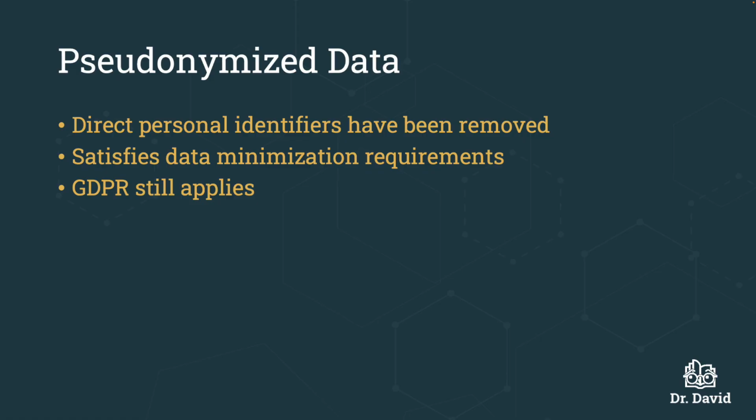And so on the exam, or perhaps in some practice questions, you may be asked for the technical definition of pseudonymized data. Remember, this is when personal identifiers have been removed. And so once we remove those identifiers, we have data that is de-identified. But if that data is combined with other data, such as those personal identifiers, then that data is considered pseudonymized.